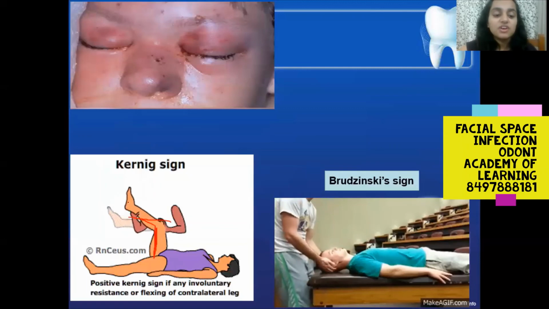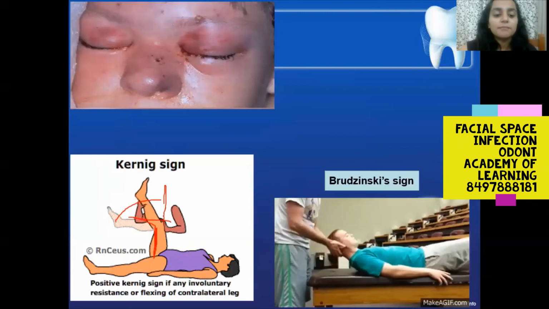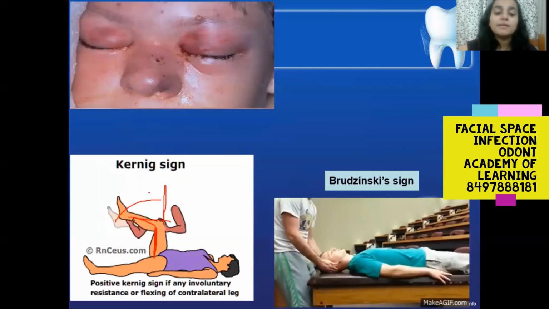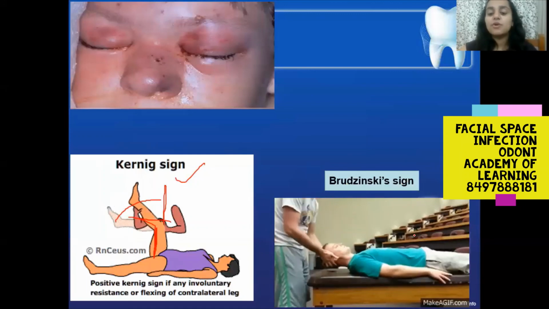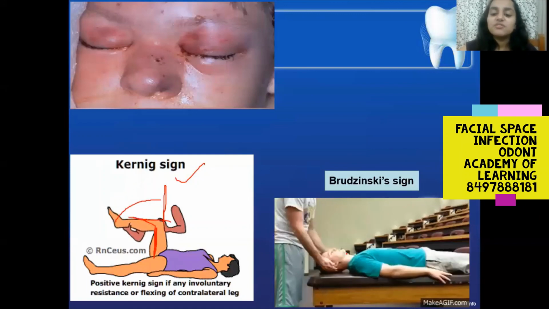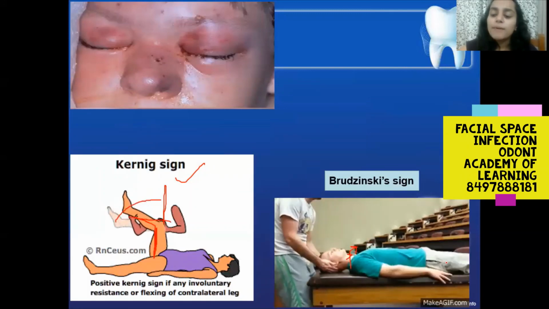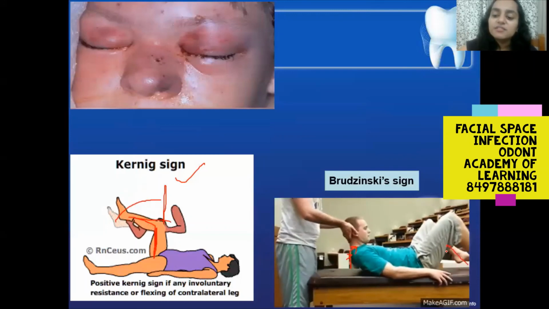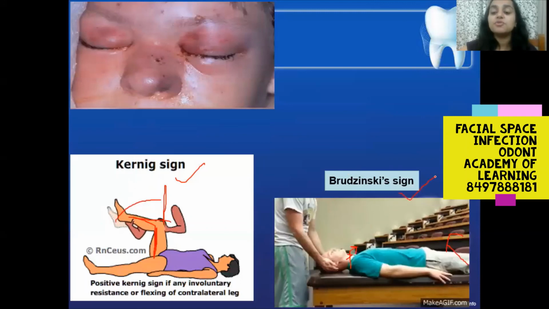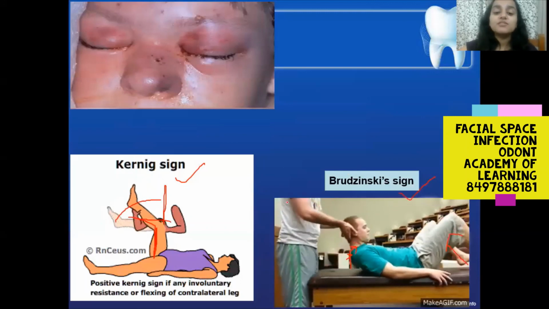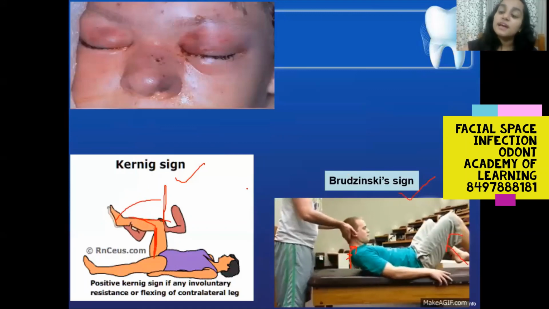We can see in this image that the patient is not able to extend it completely. There is some sort of limitation. So this is called Kernig sign. In Brudzinski sign, when the patient flexes his neck, you can see here, automatically the legs also get flexed. So this is known as Brudzinski sign. These two signs are characteristic features of cavernous sinus thrombosis in the advanced stage.